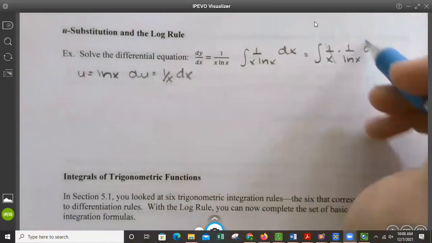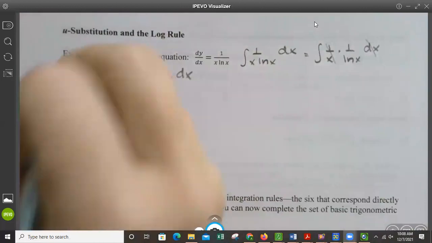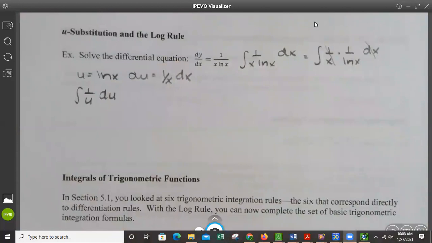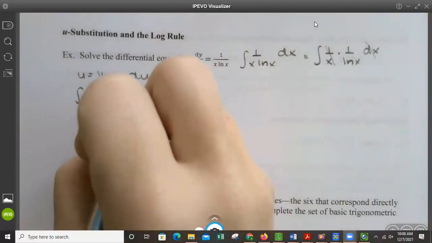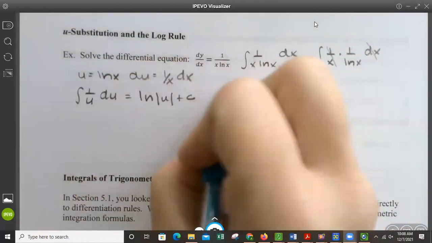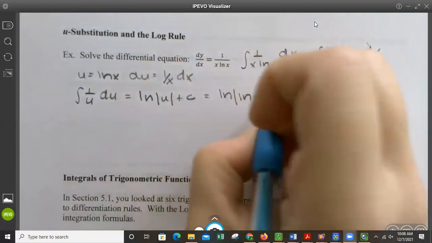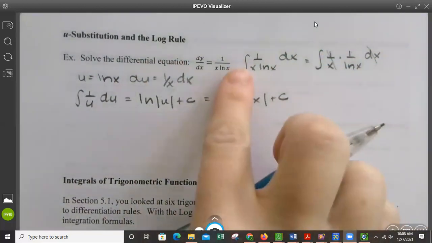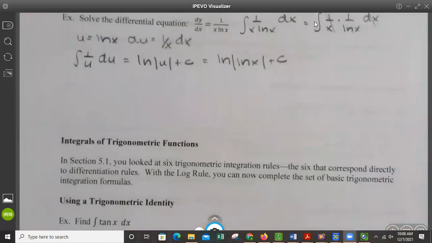So that takes care of this part, which leaves you with 1 over ln x, or we changed ln x to u. What's the integration of 1 over u? ln. And what was our u? That's it. So same exact thing, just watch these. I think you see that a lot in your homework. That's it on that part.